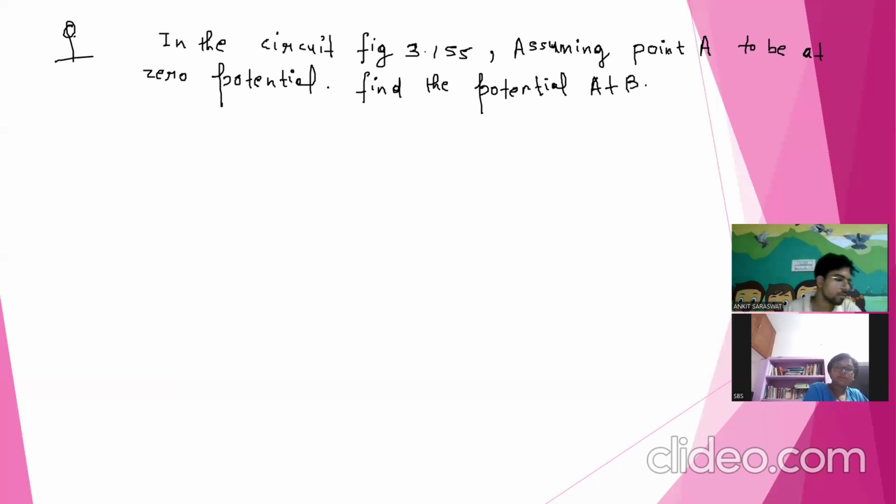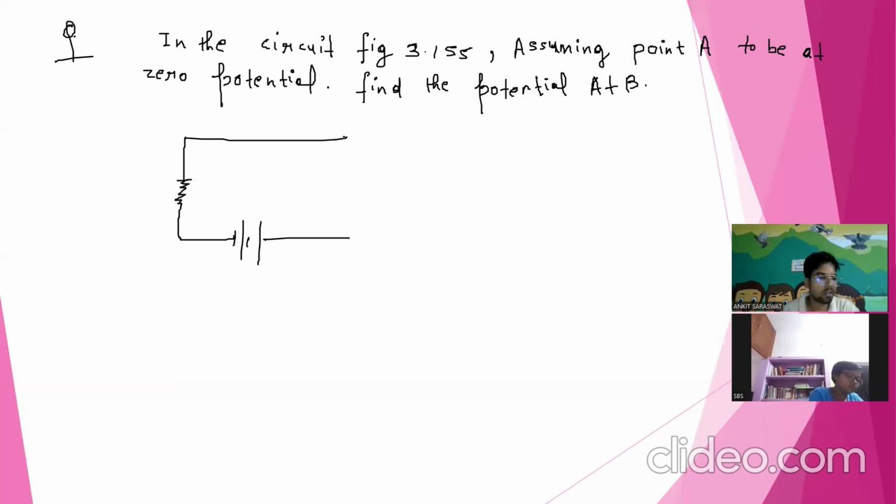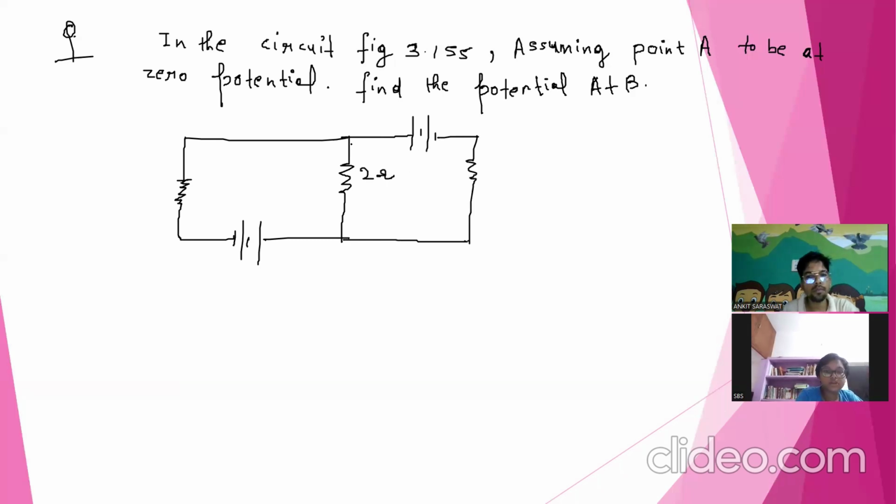Clear? So I will draw the circuit. You just tell me the answer. Okay. This is 2 ohm. This is R. And this is 2 volt battery, 4 volt.